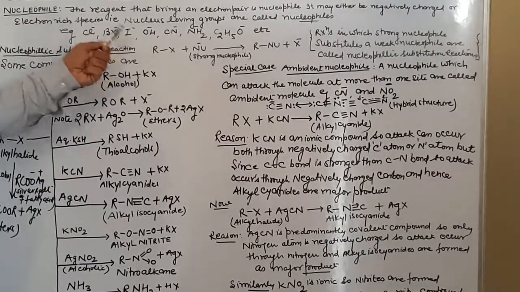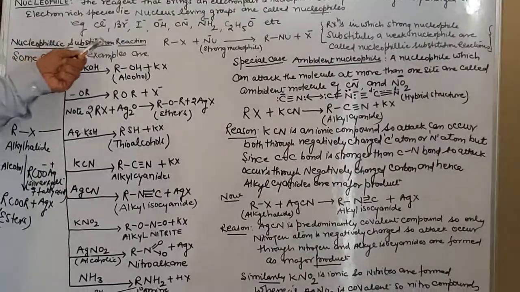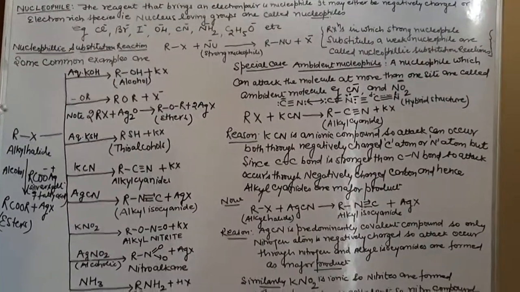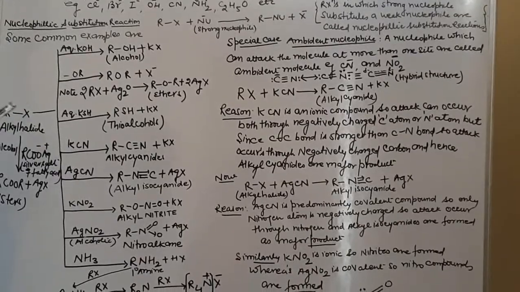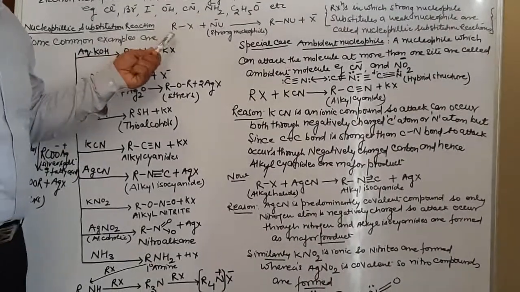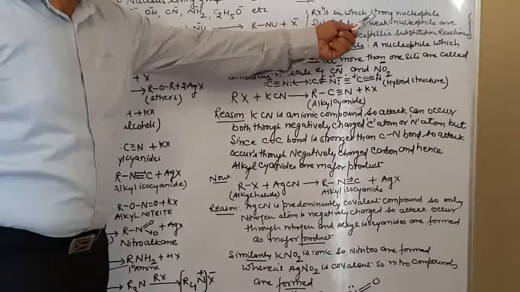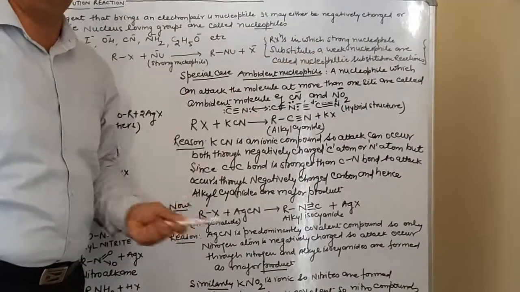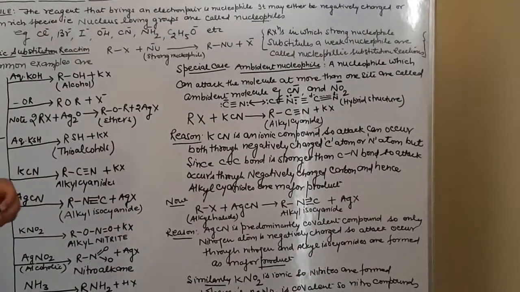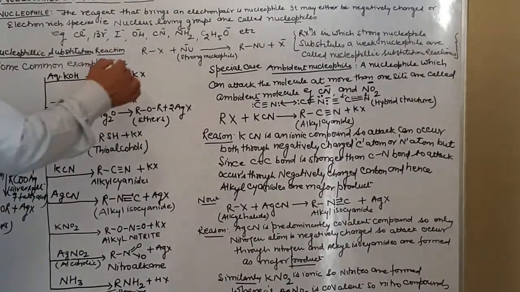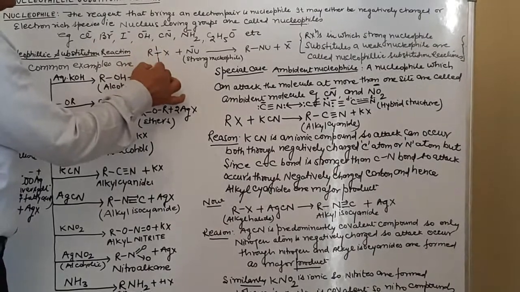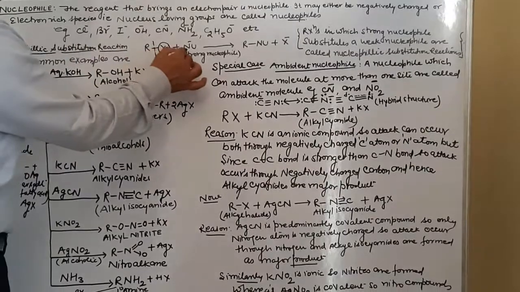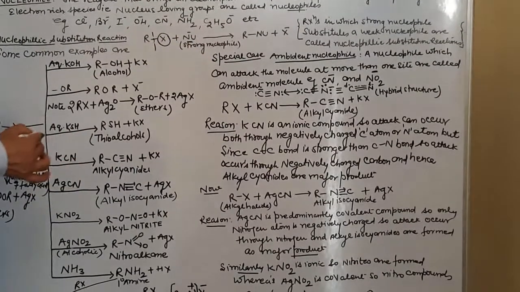Now, nucleophilic substitution reactions are the next chemical property of haloalkanes and haloarenes. What are nucleophilic substitution reactions? All those reactions in which a strong nucleophile substitutes a weak nucleophile are called nucleophilic substitution reactions. For example, just see over here, this is a haloalkane. This X over here is a weak nucleophile, whereas this Nu over here, suppose, is a strong nucleophile.